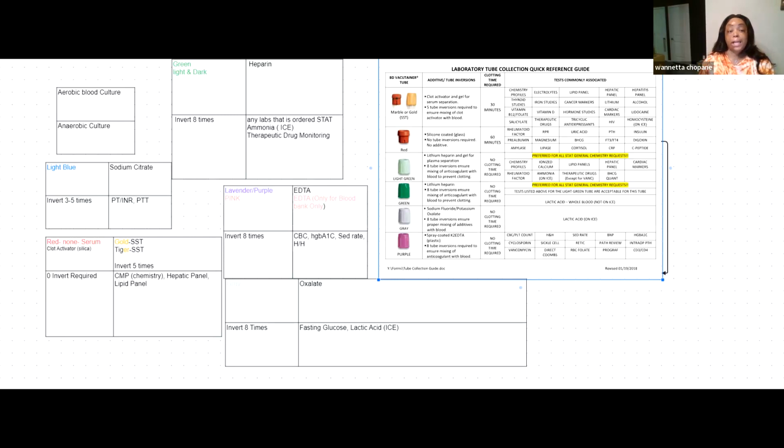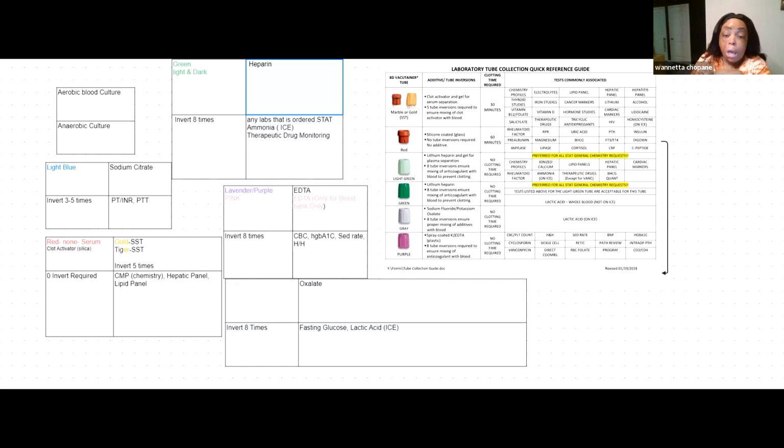So green top is next in the order of draw. The additive in our green top is heparin. When you look at the paper that I gave you, as I'm showing on my whiteboard, you'll see that there's a light green and a dark green. They're kind of the same thing.